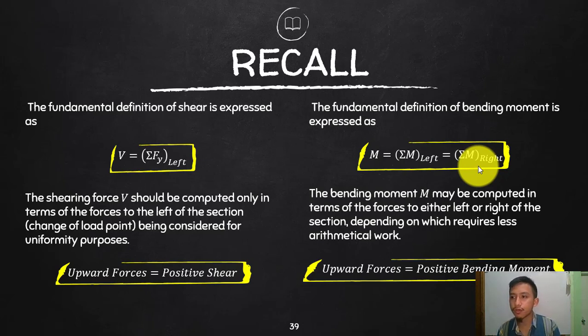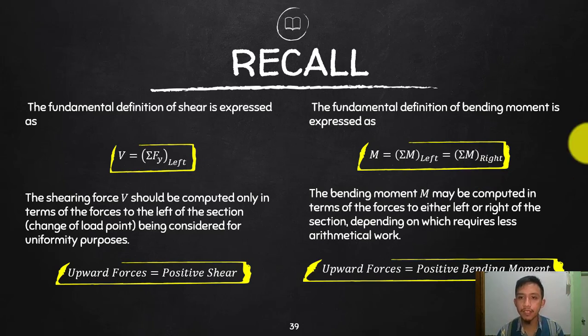But if you move to a section where the right side has fewer components for the summation of moment, then that is also better. But you need to consider that on the left side, we stick to the sign convention clockwise is positive. But on the right side, we just reverse that, wherein counterclockwise is positive.